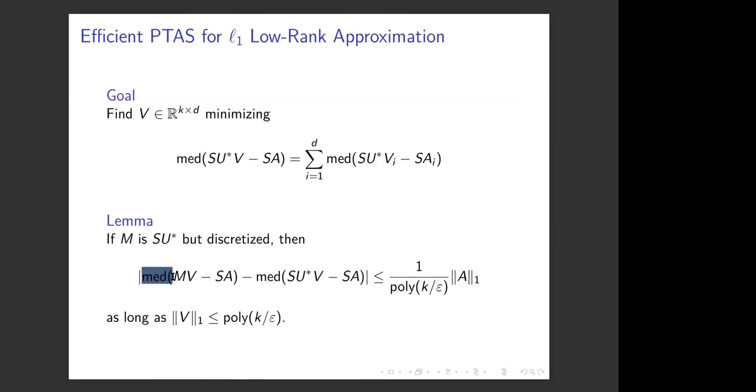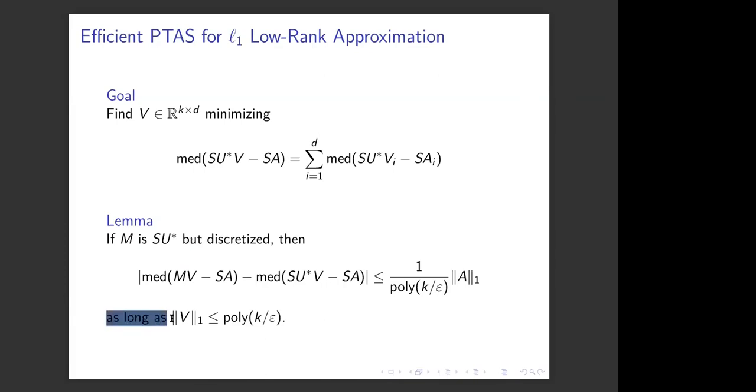If you replace SU star in our objective with M, then the error does not change by too much. It only changes by this additive error, which recall we're fine with. So we can just replace SU star with the rounded version.